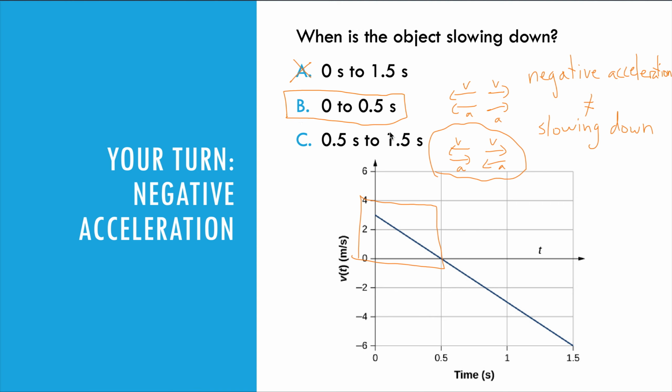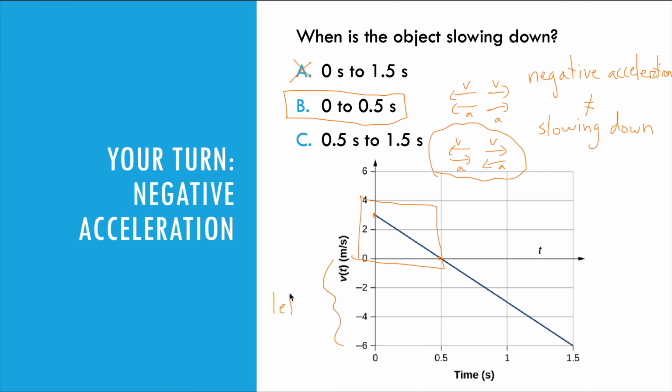Another way to think about it is to look at what the velocity is doing. It's going from 3 meters per second down to 0 meters per second, which is stopped. So you're slowing down if you're going from 3 to 0. But in the rest of the graph over here, you're going from 0 meters per second to -6. A negative velocity, remember what that means?